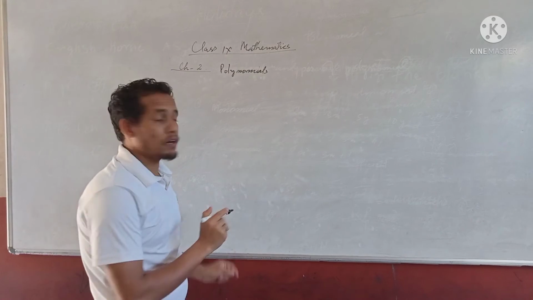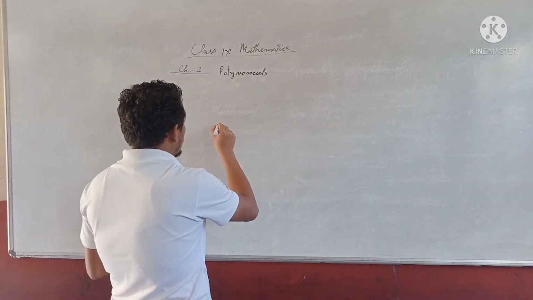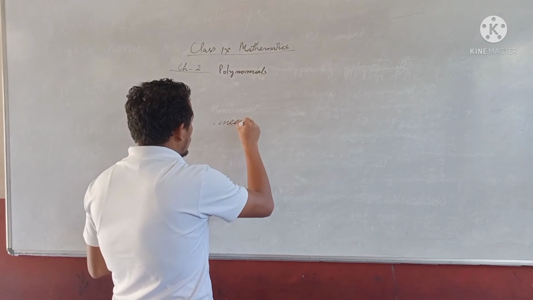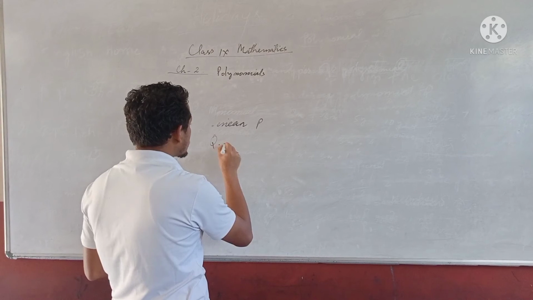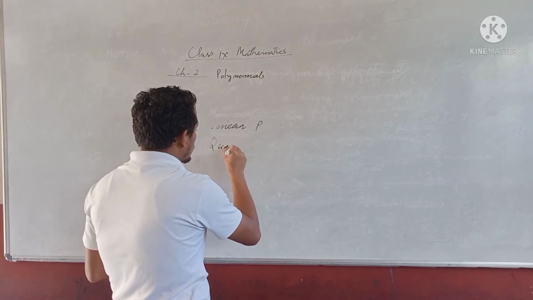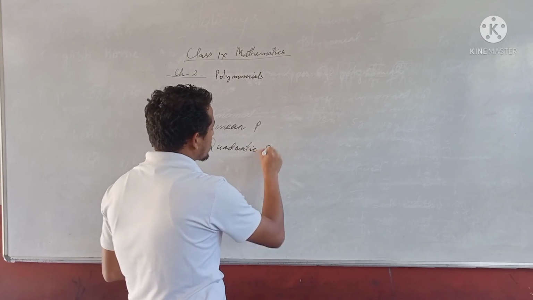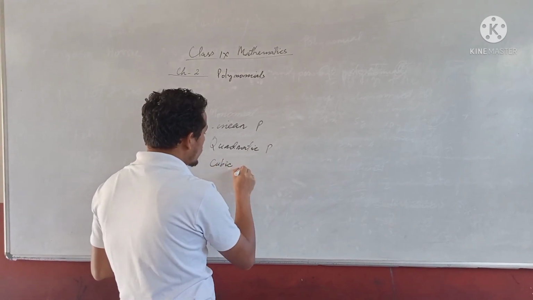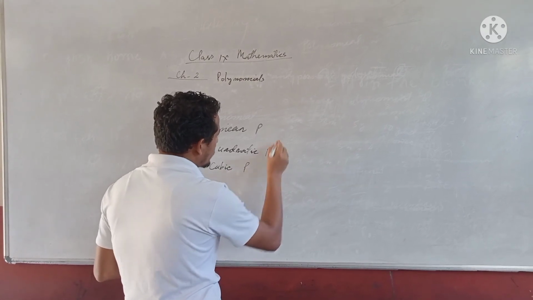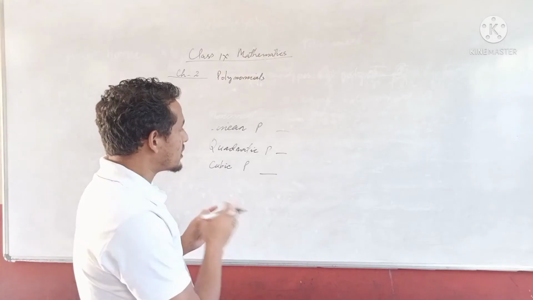Now there are other polynomials, where the polynomial is divided in terms of power, for example linear polynomial, quadratic polynomial and cubic polynomial. Here we will not look at the number of terms, we will see the power.